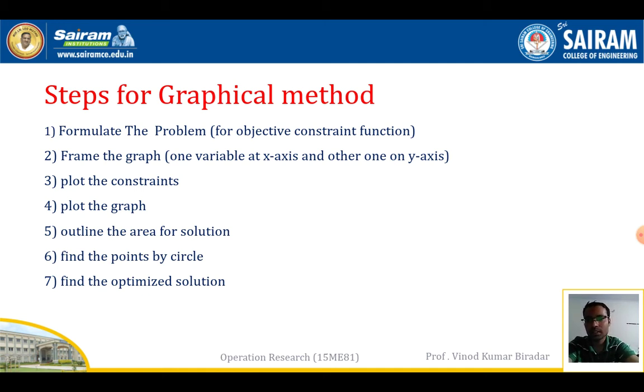Plot the constraints also: from the given question write the constraints and draw the graph. Outline the area of solution, where the common solution is, and highlight it. Find the points by circling the common area. From those points you find the maximum or minimum point, that is the optimal solution.